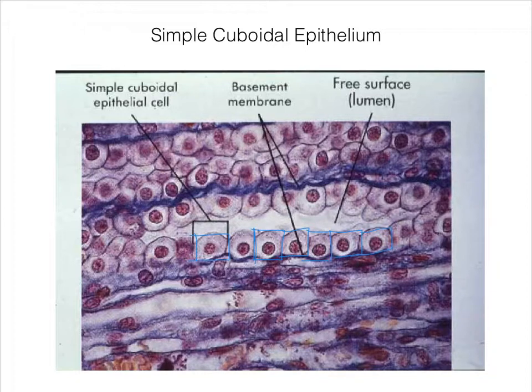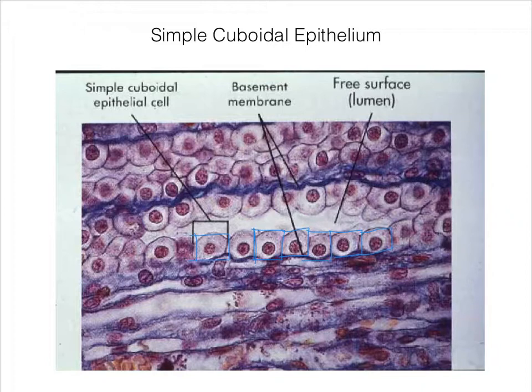Epithelial tissue, all epithelial tissues are cell dense. That means that you have cells right up next to other cells with very little to no extracellular matrix in between them.